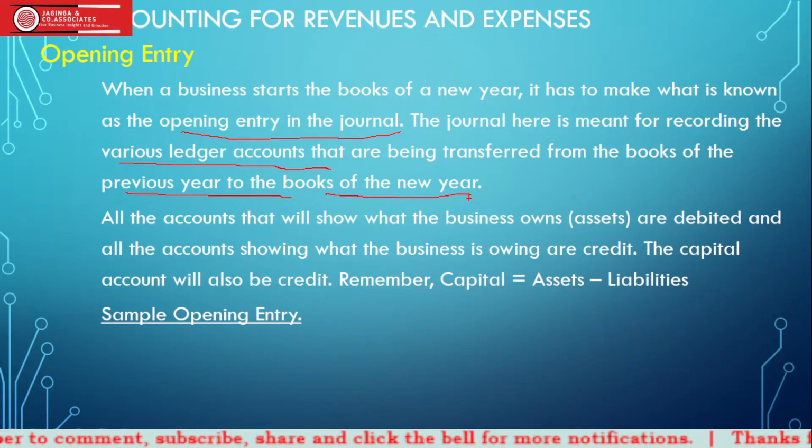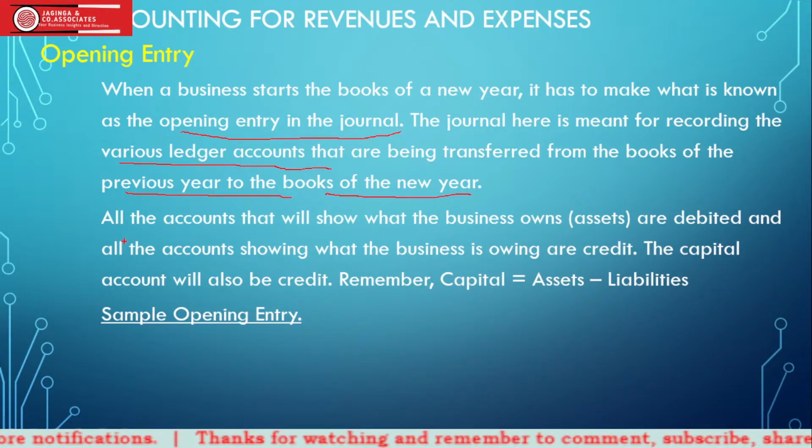So the new year will be the current year. So the balances of the previous year of various accounts will be recorded in a journal, and then we'll be calling that the opening entry. So there will be opening balances of the previous year we are recording in a journal for this year.